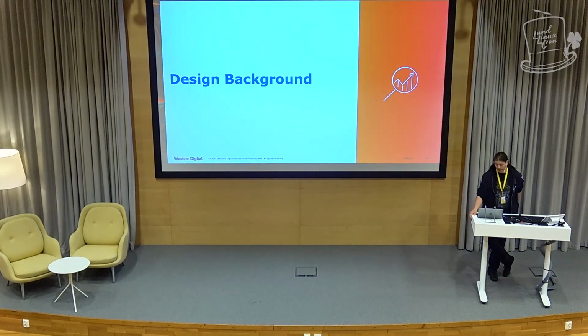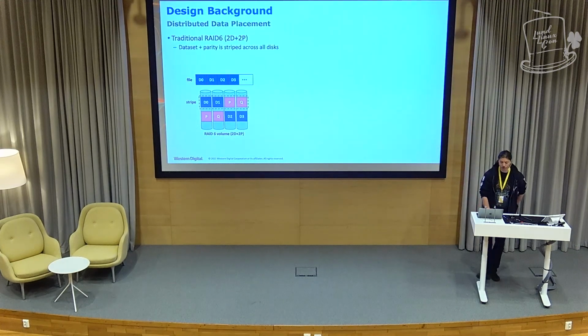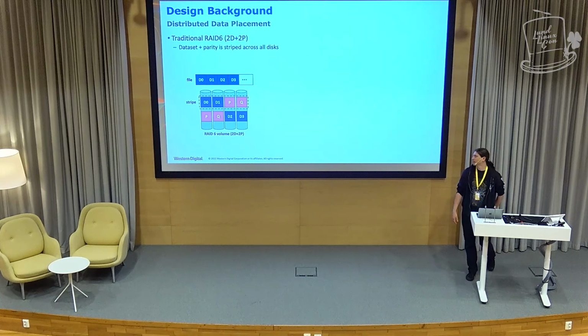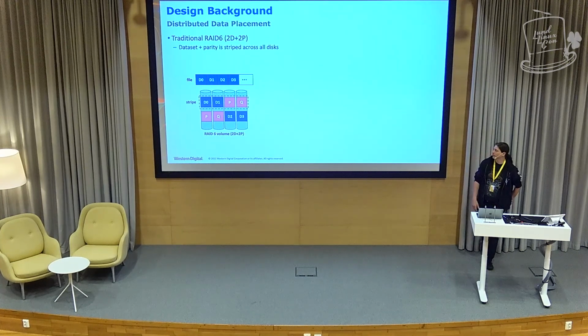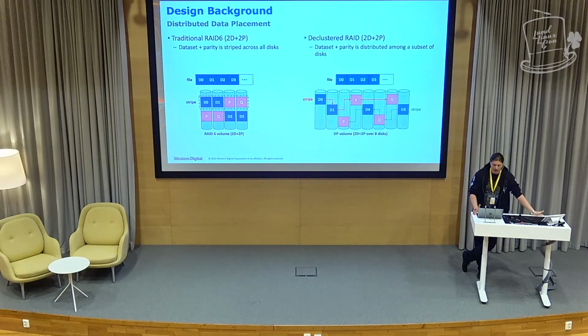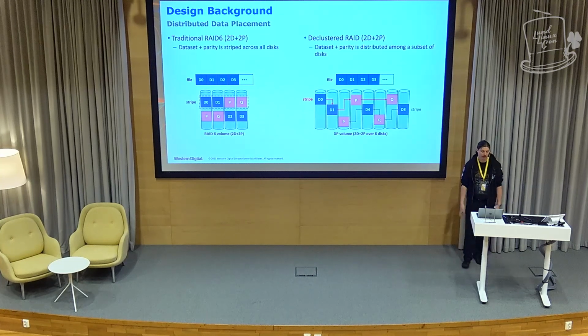Let's get a bit into detail about each of these changes. Here would be the distribution of the data placement. That's a traditional RAID 6 with 2D, 2P, two data to two parity. If we are declustering it, we try to spread it evenly over the disks.